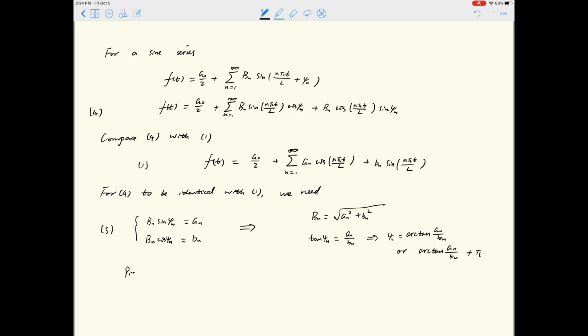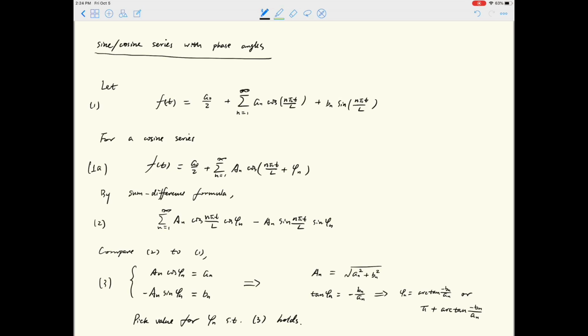You need to pick a value for psi n such that equations 5 hold. Now you just need to decide which one of the values will give you the correct sign. You don't have to verify the actual value.